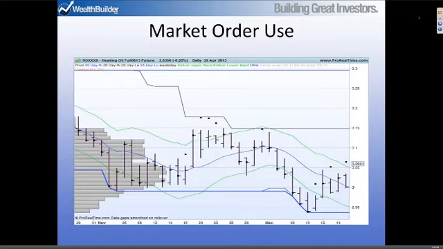You see that the high of the last bar on the right is lower than the high one bar to the left. And the low on the last bar to the right is higher than the low one bar to the left. That's the definition of an inside day.